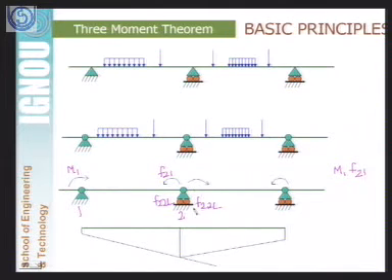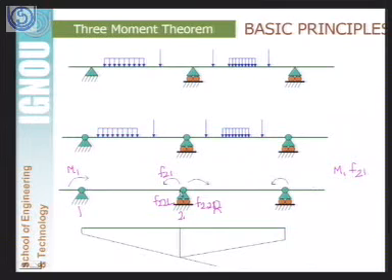F22R is defined as the rotation taking place in the right part at node 2 because of unit moment given at node 2.